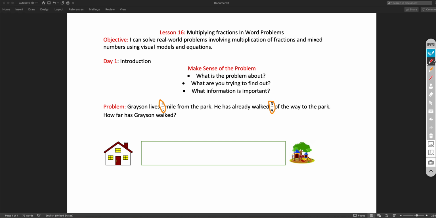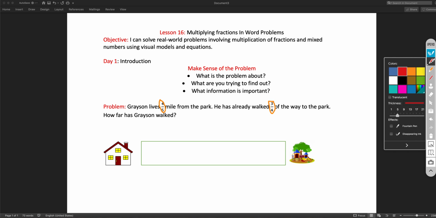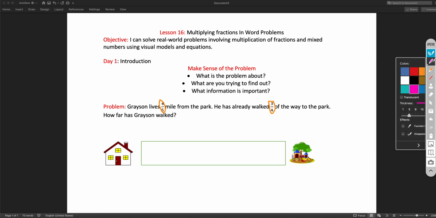Now, what are the clue words that are going to tell us what operation to use? I'm going to give you a few seconds to think about it. I can assume that some of you said addition because it says, how far has Grayson walked?